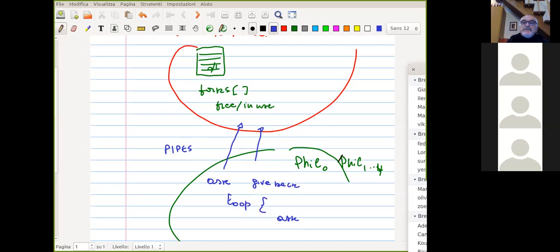So if philosopher number 3 asks, conventionally the forks in positions 3 and 4. Well, 2 and 3 if the index is 0 to 4.